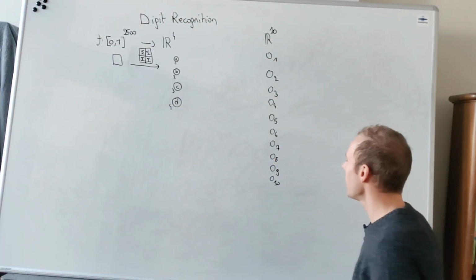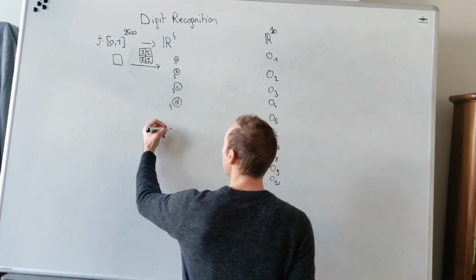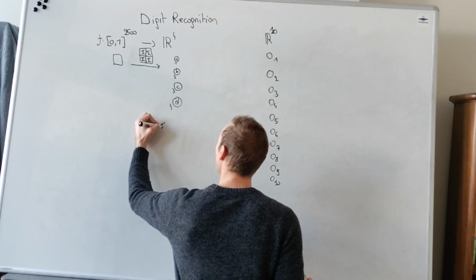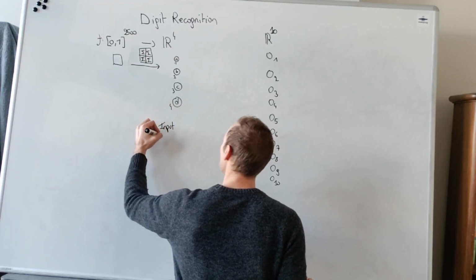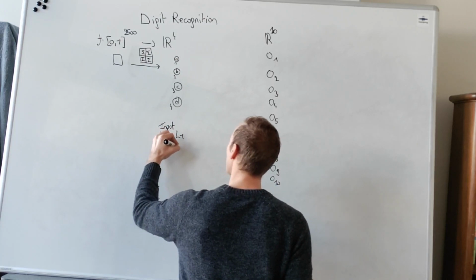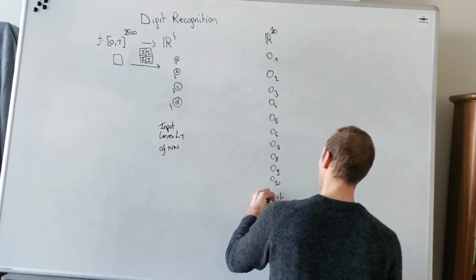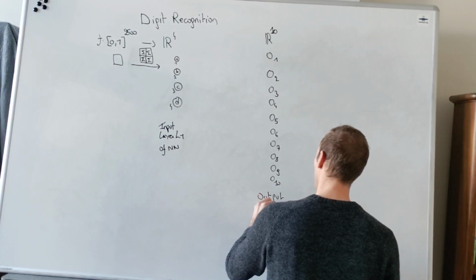Wait for this. And I'm going to use some terminology that you might have heard of. This is actually the input layer, called L1, of my neural network. This is my output layer of my neural network.